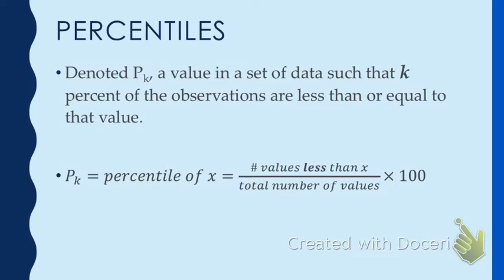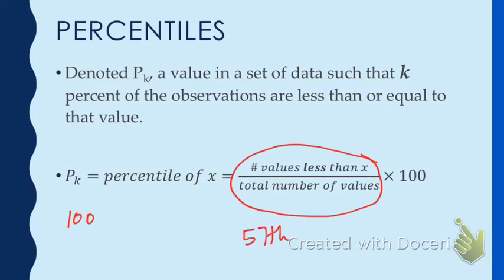To calculate that by hand or with a calculator, we are going to take the number of values less than myself. Let's say there are 100 people in my class, and I am the 57th person in this line of 100 people.